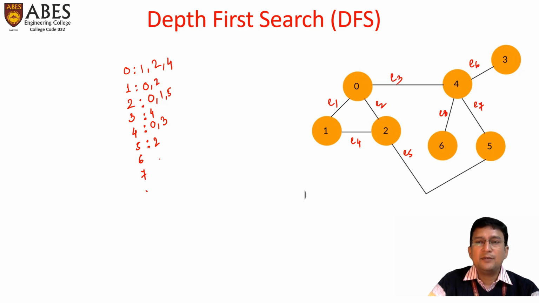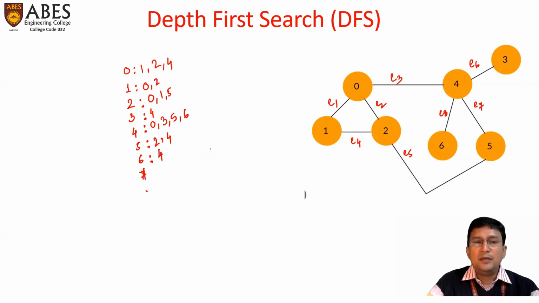Next edge we have E7, which is 4 to 5. So the connection has been added for 4 to 5, and hence it will be added in 5 also. So 5 to 4 is another connection. For the E8 edge, we have the connection from 4 to 6, and the connection will be added from 6 to 4. So this 7 is not required here, because we only had the vertices from 0 to 6.